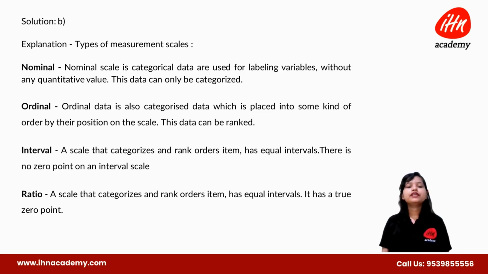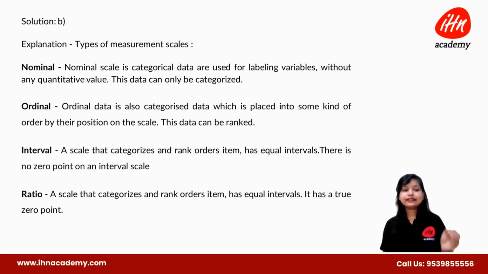So nominal scale is for categorizing the data. That scale is used for categorization only. Whenever we use nominal scale, we only categorize the data, no other properties here. And ordinal scale is for categorizing plus ordering or ranking, we can say. Interval scale is the scale which categorizes and rank orders items with equal intervals also.